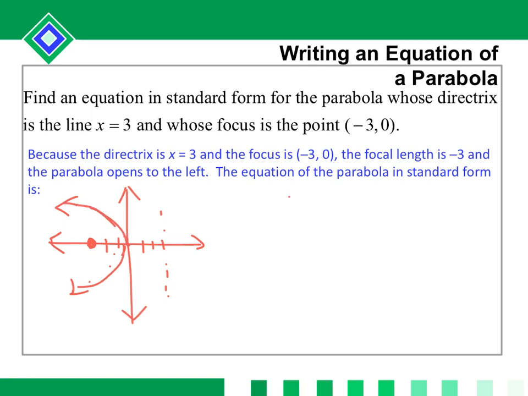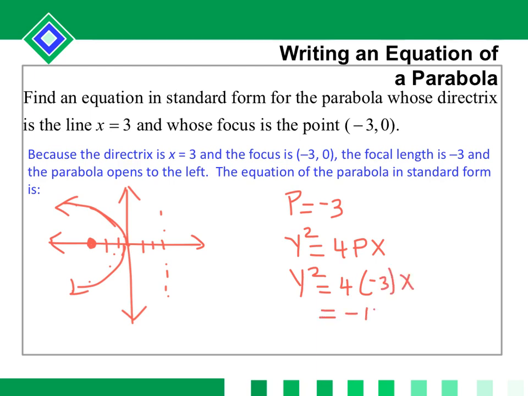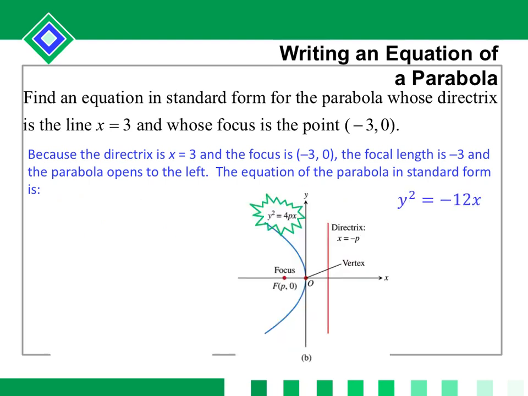So we know p is negative, so that means p is -3 because it's opening to the left. And the equation is going to be y squared is equal to 4px as a general form for a parabola opening sideways. So y squared is equal to 4 times -3 times x, which is equal to -12x. So that's the equation here. And if you graph the parabola, see, that's the way it would look.